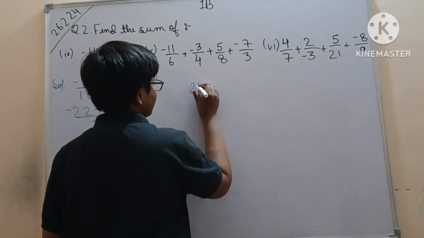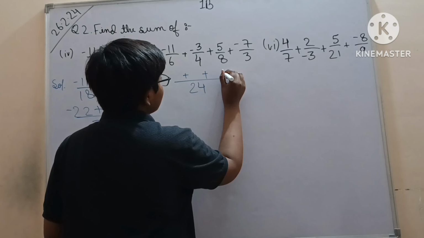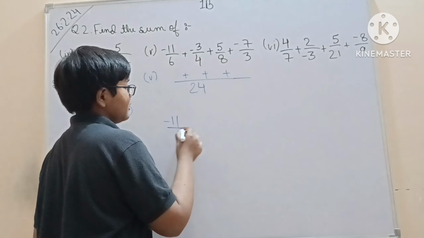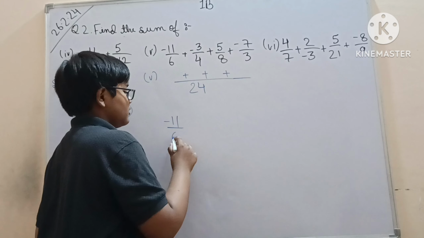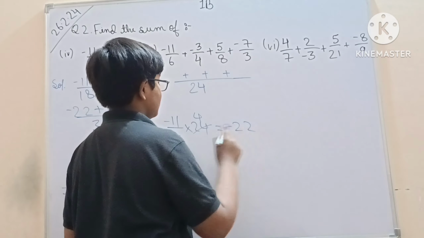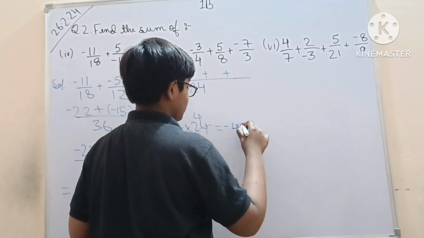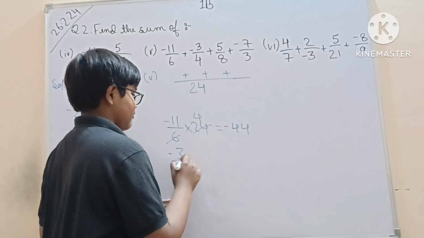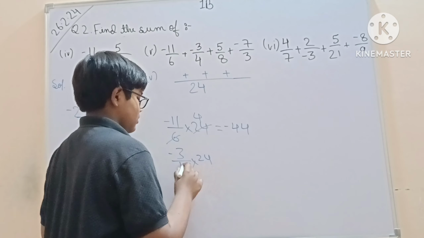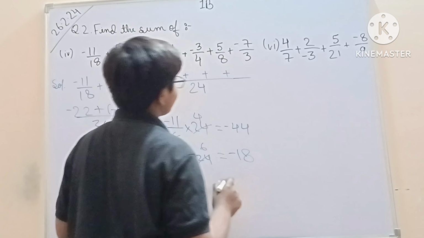Now as 24 is the LCM, we will determine the values which will be written in these places by this method. 6 4s are 24 and 11 into 4 is 44. Minus 3 divided by 4 into 24. 4 6s are 24 and minus 3 into 6 will become minus 18.